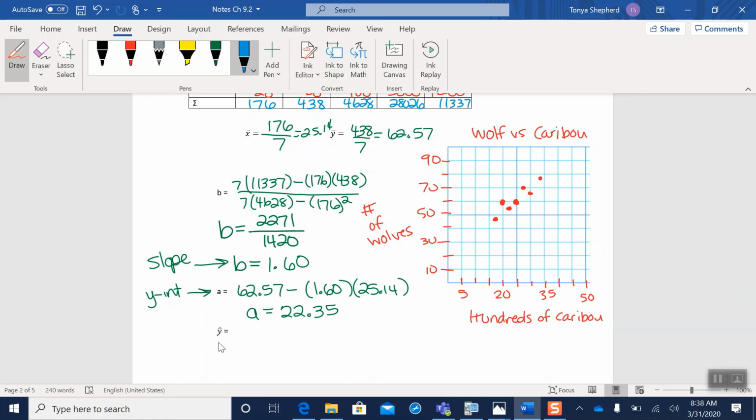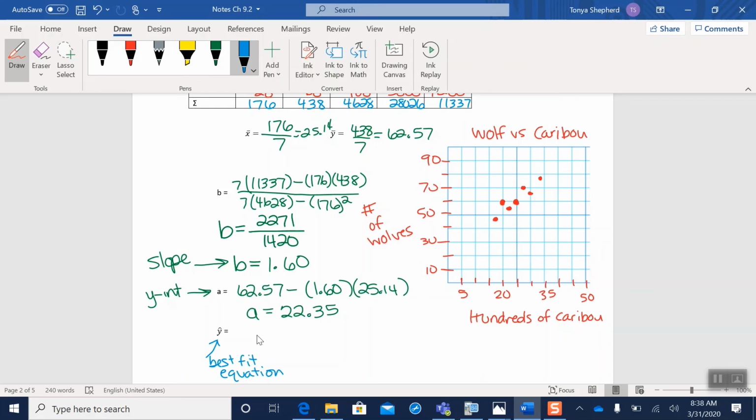Okay, y hat means the best fit equation. It's not just any y equals equation, it is the absolute best y equation for this set of data. Okay, and all we have to do is write it with our A and B value.